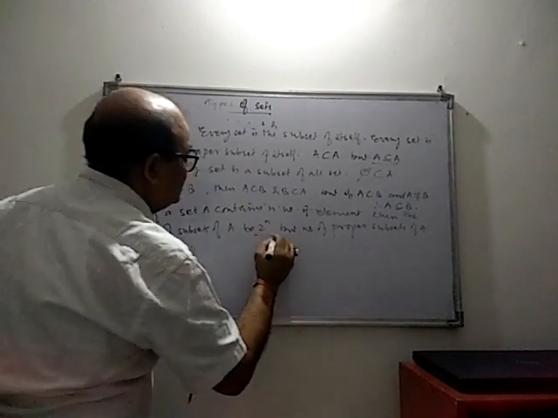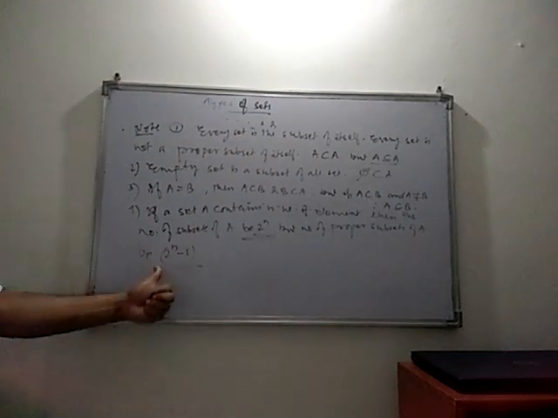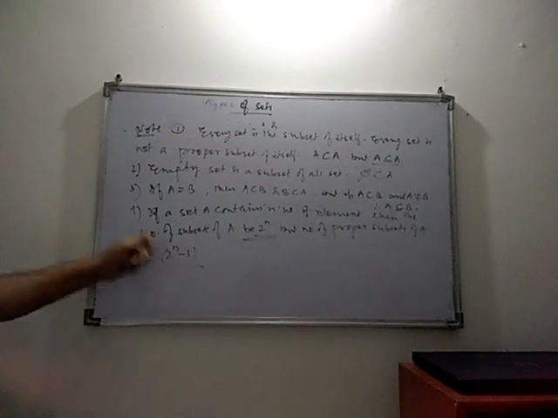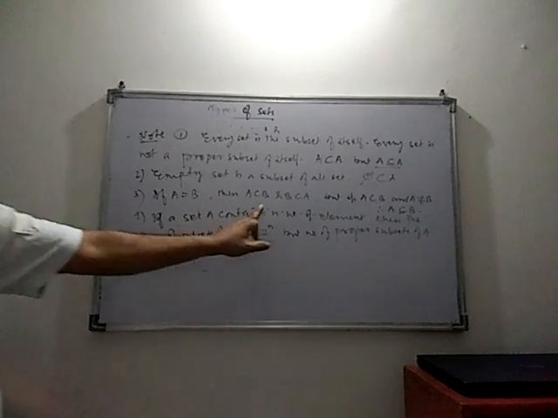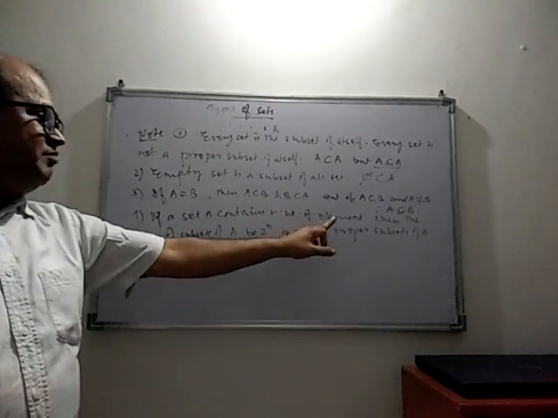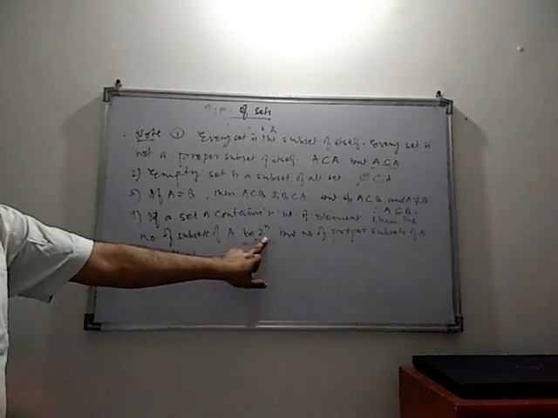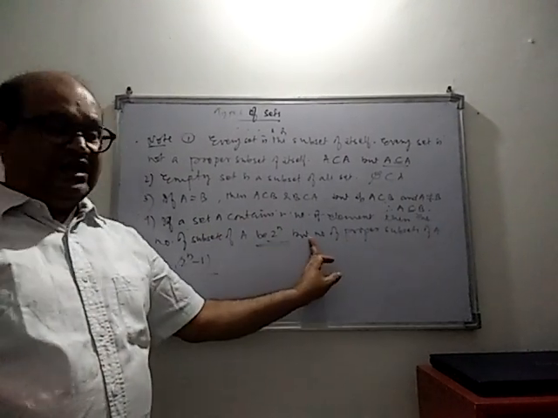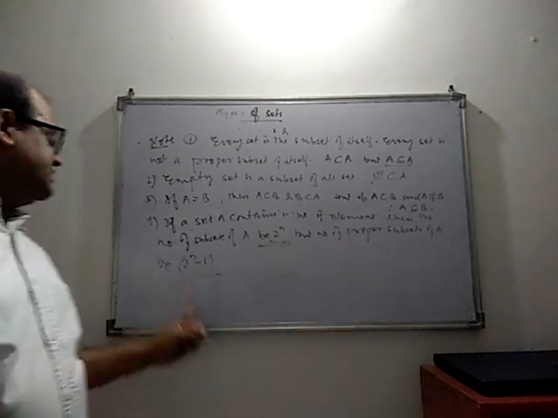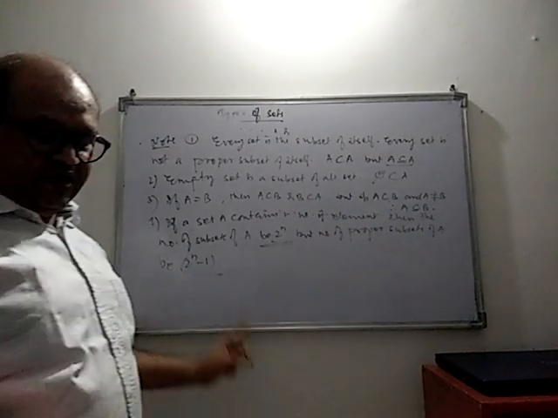This is to be noted. So if a set contains n elements, the number of subsets is 2^n, but the number of proper subsets will be 2^n − 1.